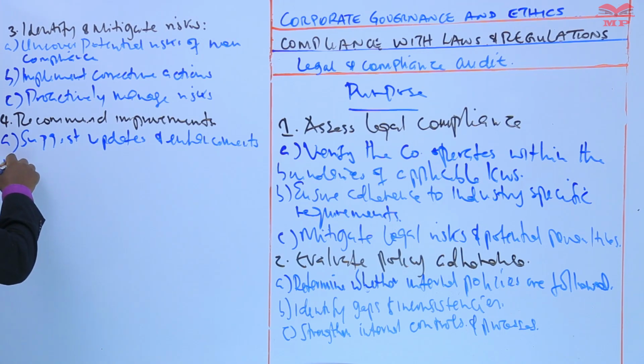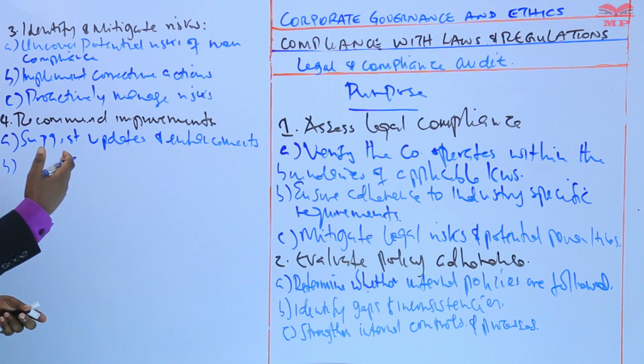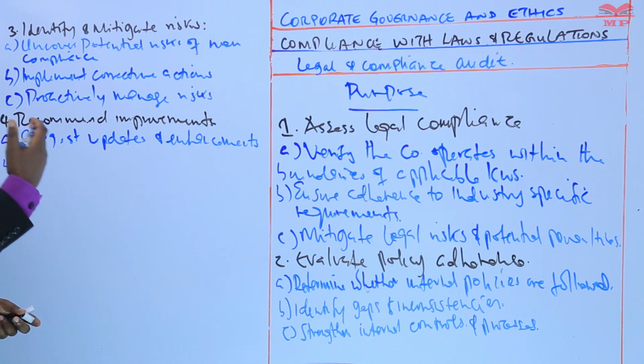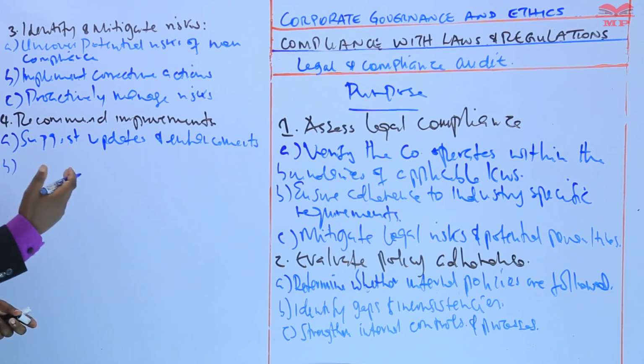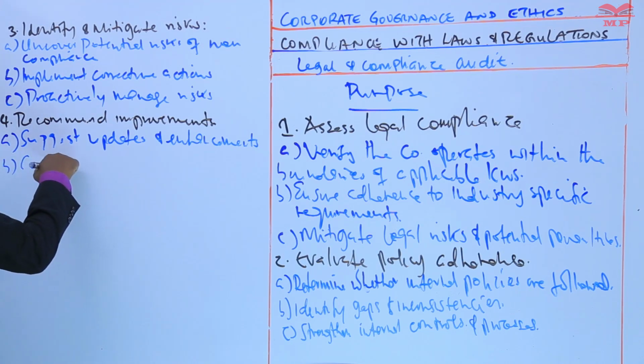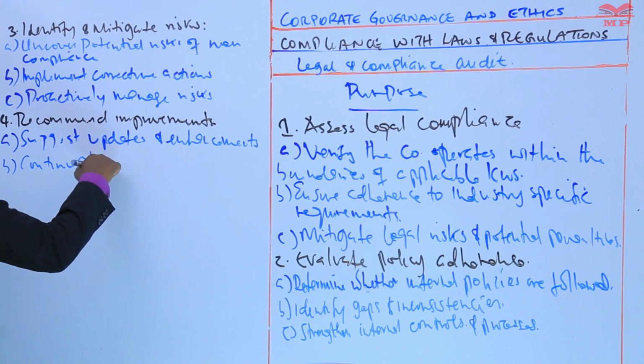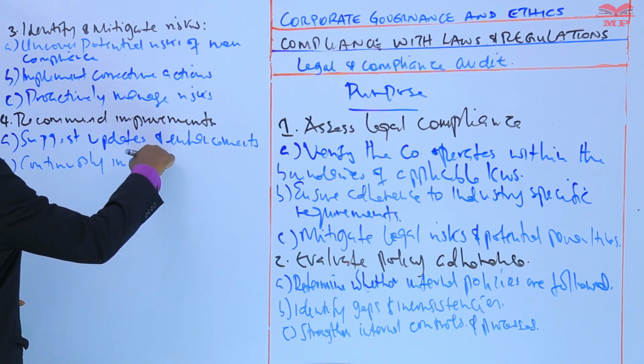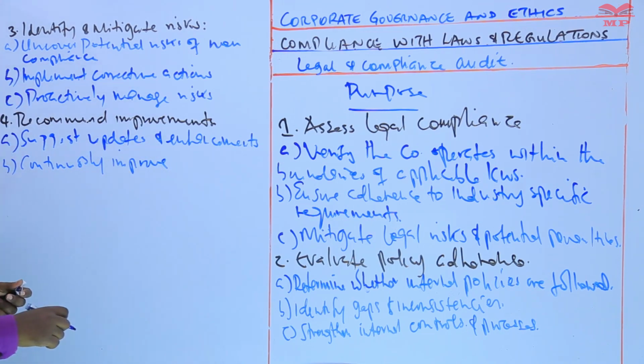It also helps the company to improve. All right, what we call continuous improvement. It helps the organization continuously improve. Legal and compliance audit helps organizations to continuously improve its compliance posture.